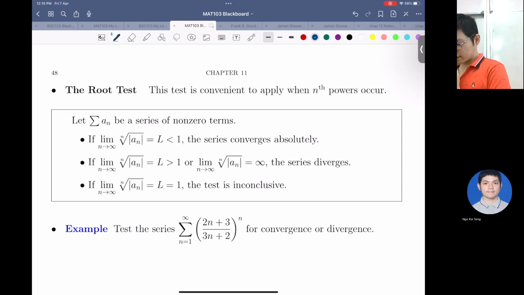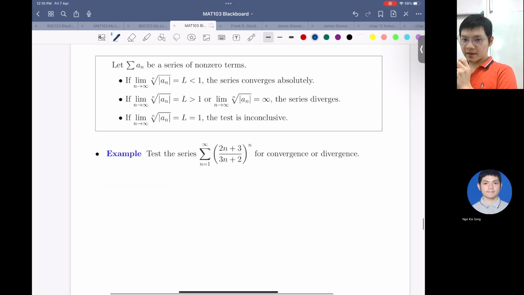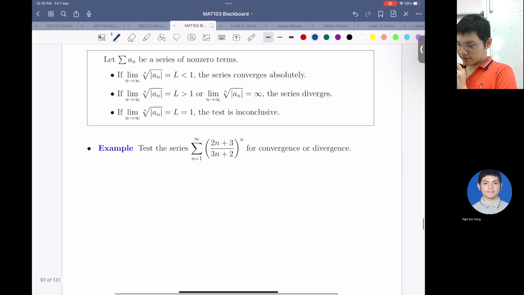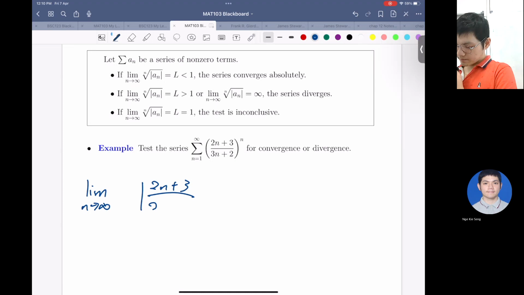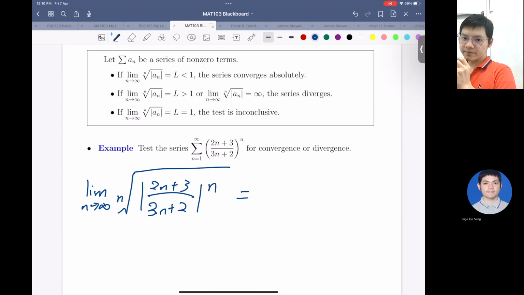So let's use it on this example here. Just set up the limit test. You take the modulus of your term, and then you take the nth root and compute this. Let me bring the modulus out first.